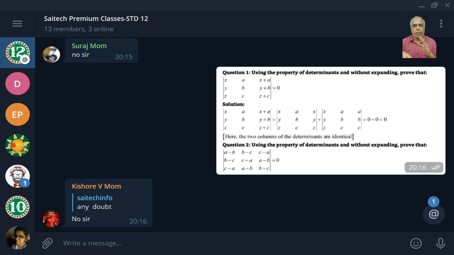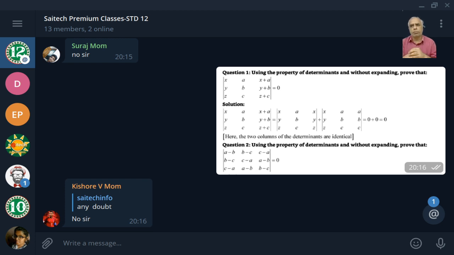Then y plus b is dissociated into y and b. Similarly, z plus c is dissociated into z and c. So that now you are able to get two determinants. Now you can find x, y, z in the first column and x, y, z in the third column of the first determinant.